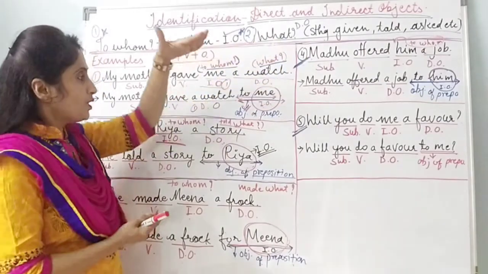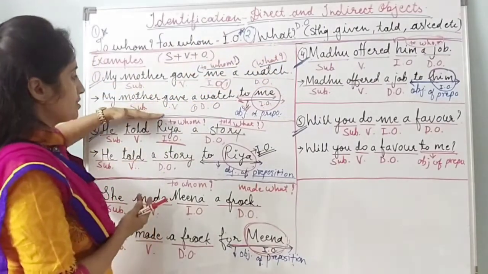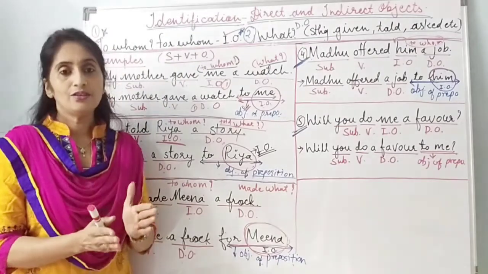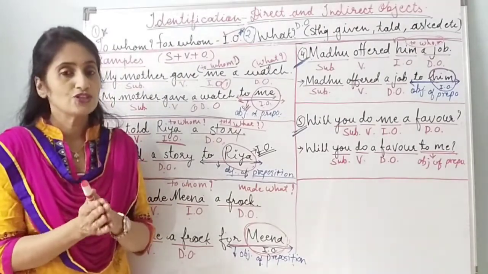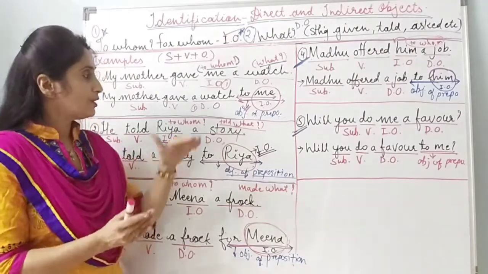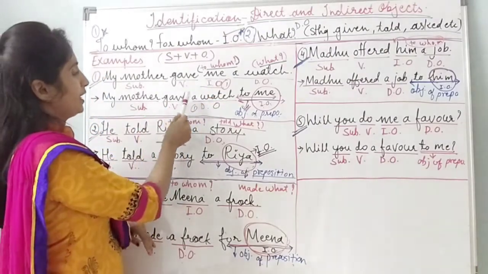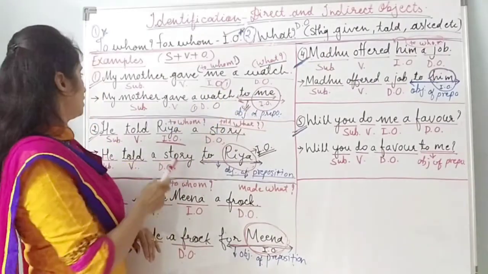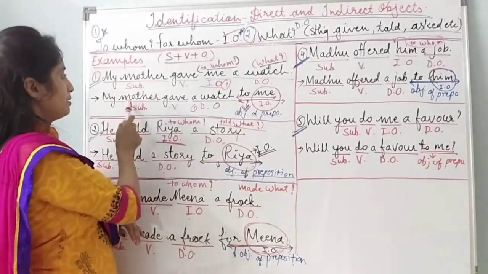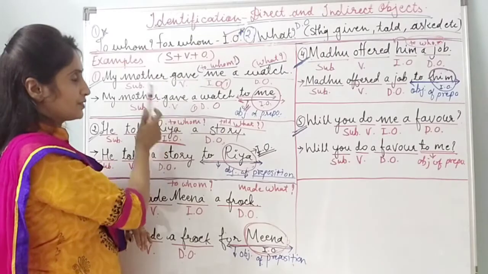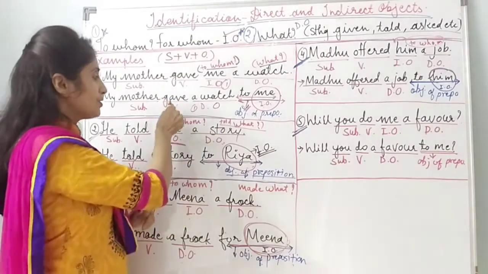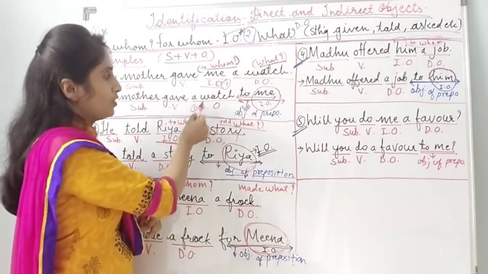Now, the same sentence is written here in a little bit different way without changing meaning. What difference do you find here? See, my mother gave a watch to me. Same subject, that is my mother, same verb, that is gave, and here after the verb, what has occurred?